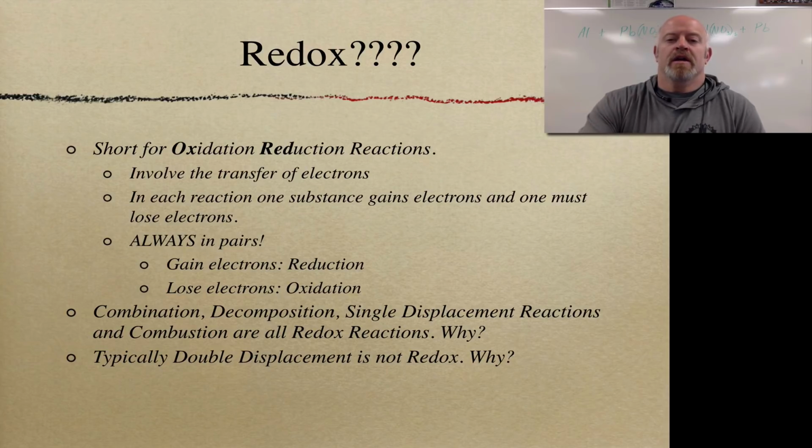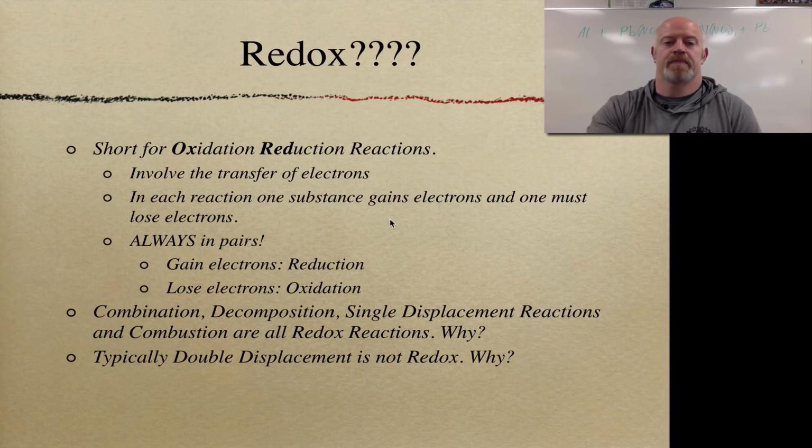Now, in a redox reaction, we always need to have at least one thing that is gaining electrons and one thing that is losing electrons. So it comes as a pair. One thing gains electrons, one loses them, or one thing gets reduced and one thing gets oxidized. We use the terms reduction and oxidation to indicate the movement of electrons.